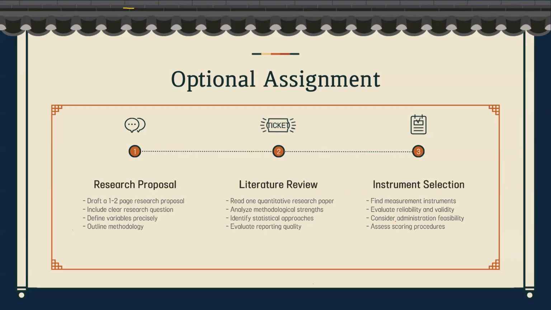Review one quantitative research paper and analyze its methodological strengths. 3. Find and evaluate a measurement instrument for reliability and validity. Completing this will greatly help your own thesis.